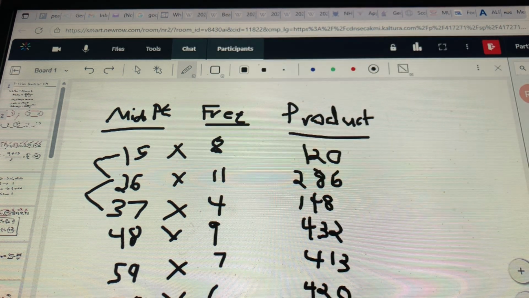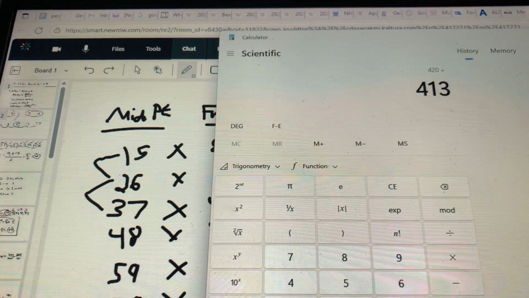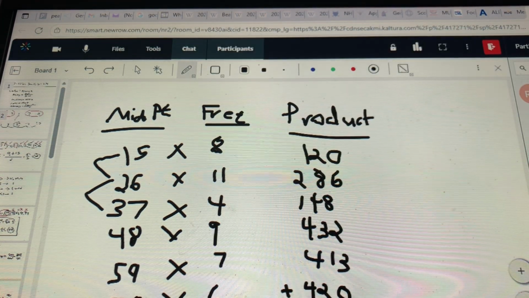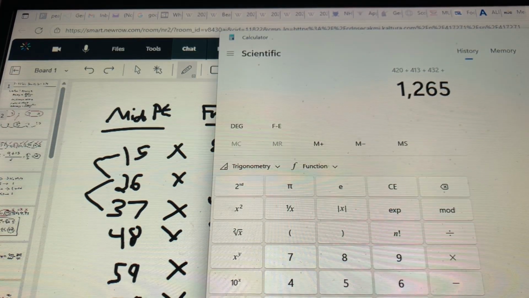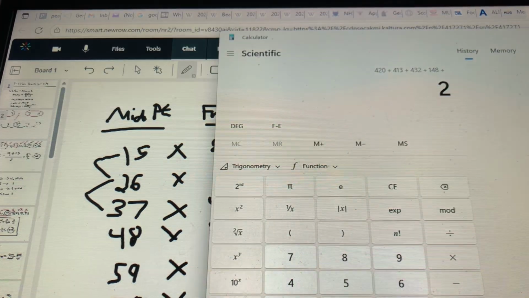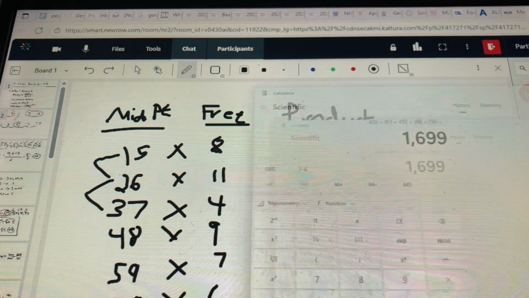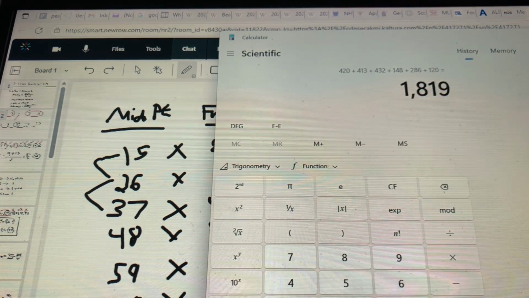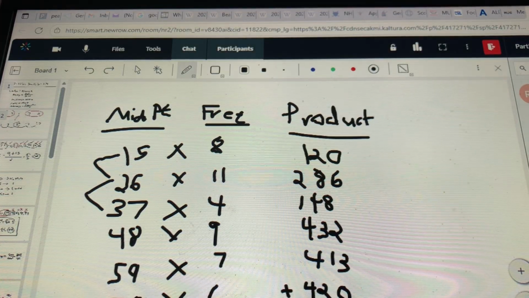Then you always add up the products. I'm going to add them up backwards just because the 420 is still on my screen. 420 plus 413 plus 432, 148, 286, and 120. The sum of the products is 1819.